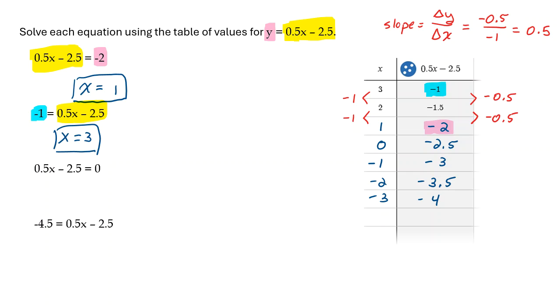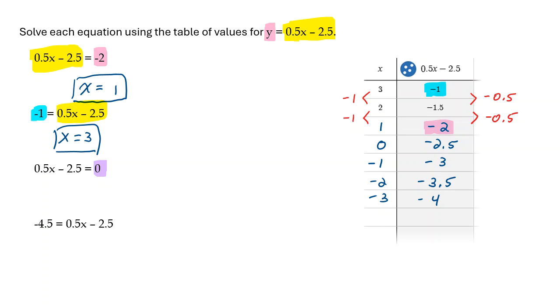The next one, we have 0.5x minus 2.5 equals 0. If I look over here in my output side, I don't have 0. So I have to think about where 0 would be based on the pattern that we saw. I can see my outputs are getting bigger as I go up.